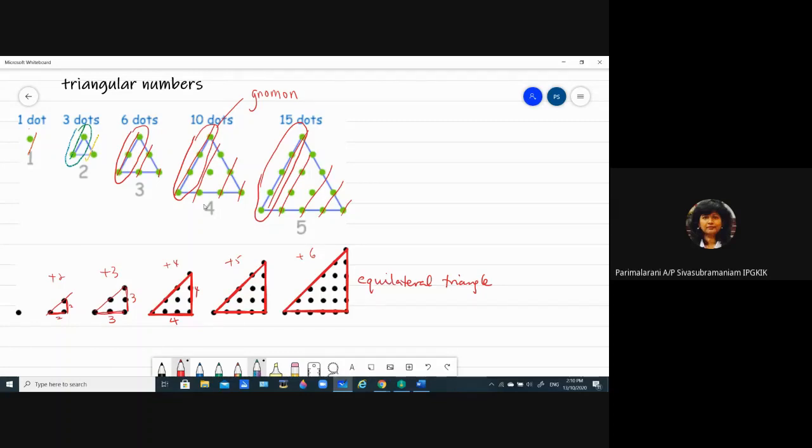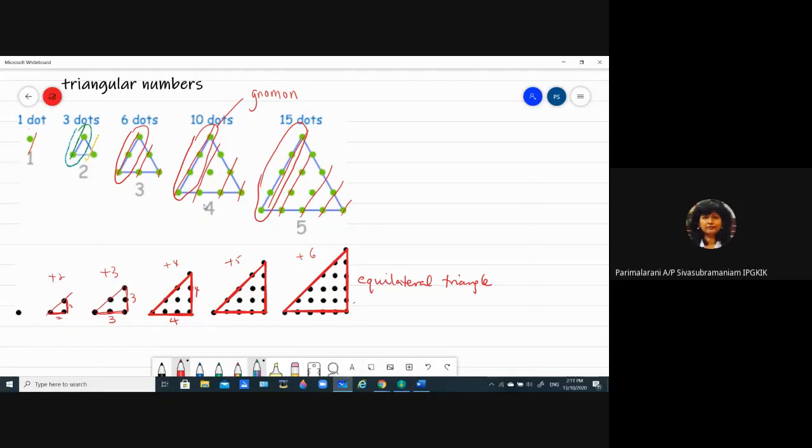What do you call segitiga sama kaki in English? It's not an equilateral triangle. I cannot remember the term. This segitiga sama kaki, you know that this side and this side are equivalent.